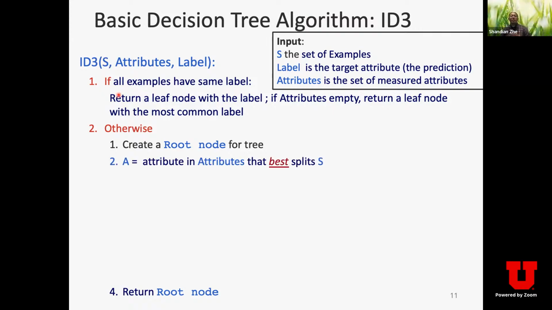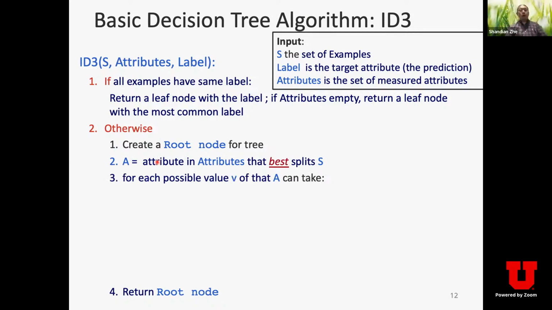And then from the available attributes, we're going to pick an attribute A which can best split S. For now, let us assume we have some specific procedure which can identify the best attribute A from this list of attributes. What the meaning of best splitting S is, we're going to discuss later. We pick A, and we're going to use A to split S.